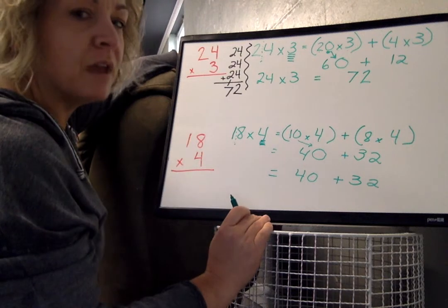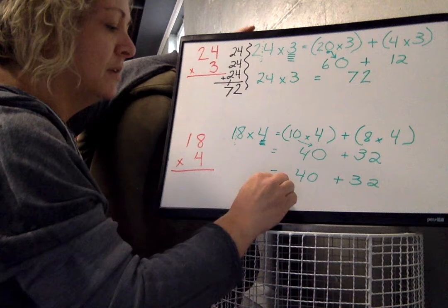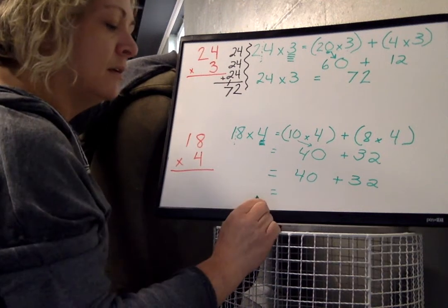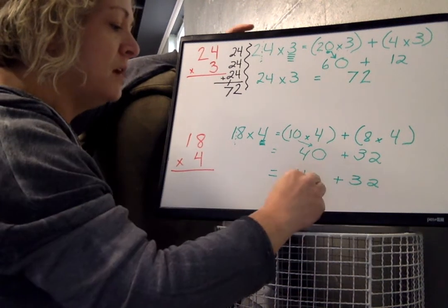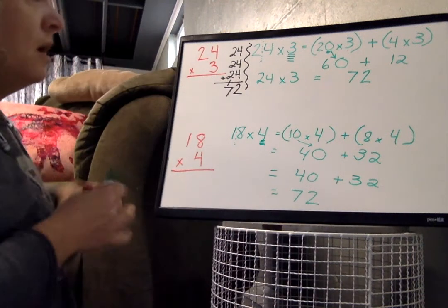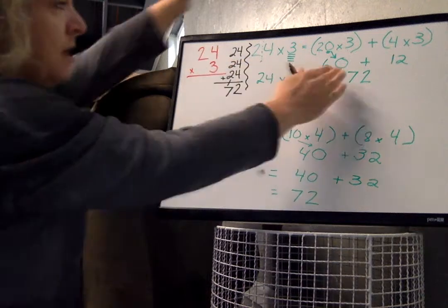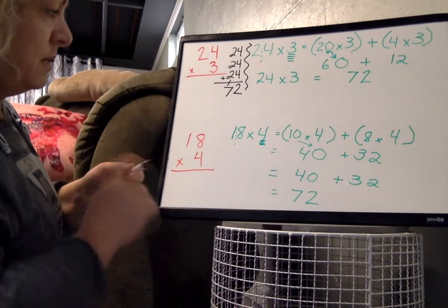Mariah, I'll bet you're thinking 40 plus 32. 40 plus 30 is 70, 0 plus 2 is 2. Good job, Mariah. 72. Hey, look at that. We're getting the same answer, aren't we?